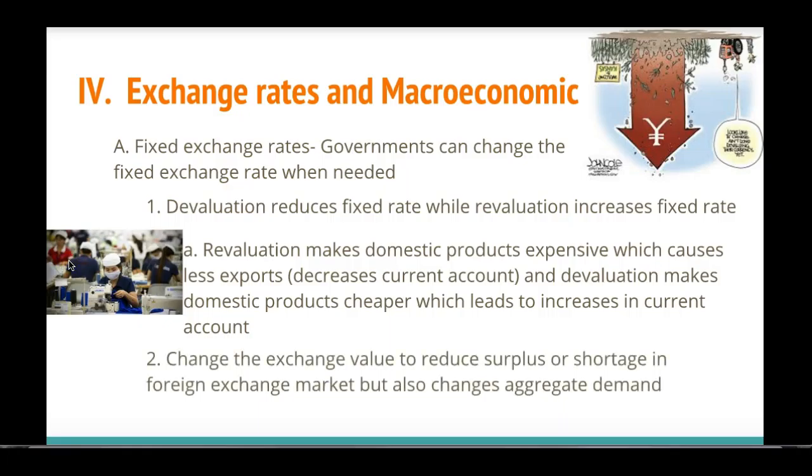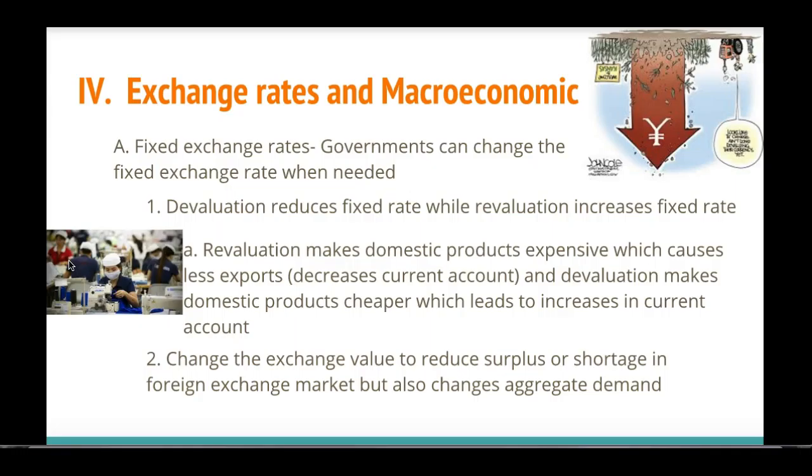And changing the exchange value to reduce a surplus or a shortage will also affect aggregate demand. If we have a change in the exchange rate, aggregate demand is also going to change.